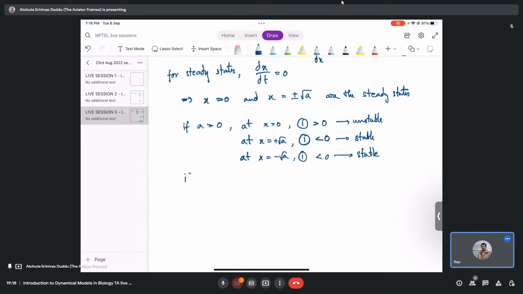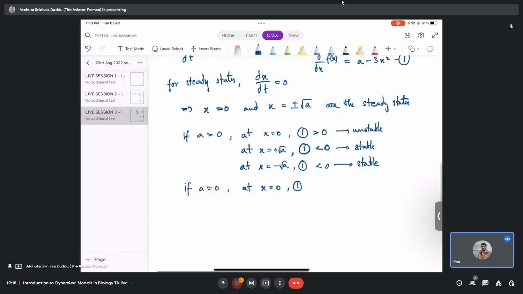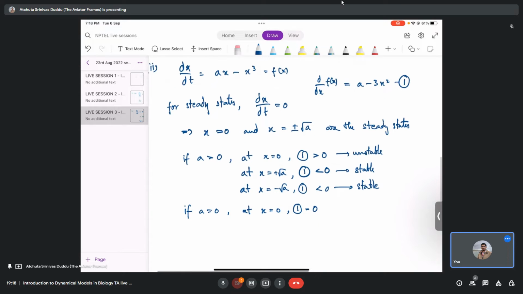So if a is equal to 0, then at x equal to 0, 1 is equal to 0, right?